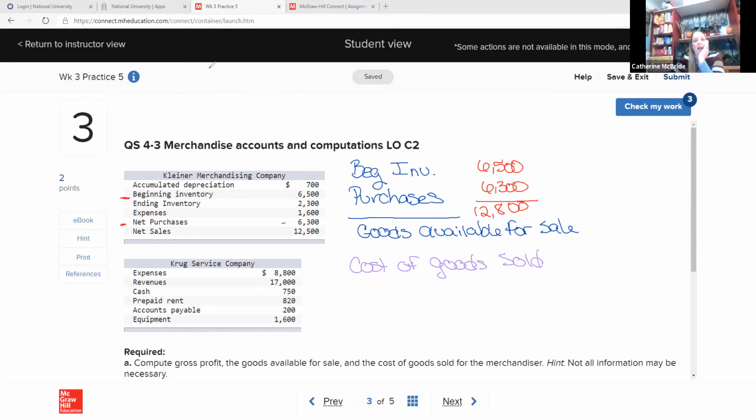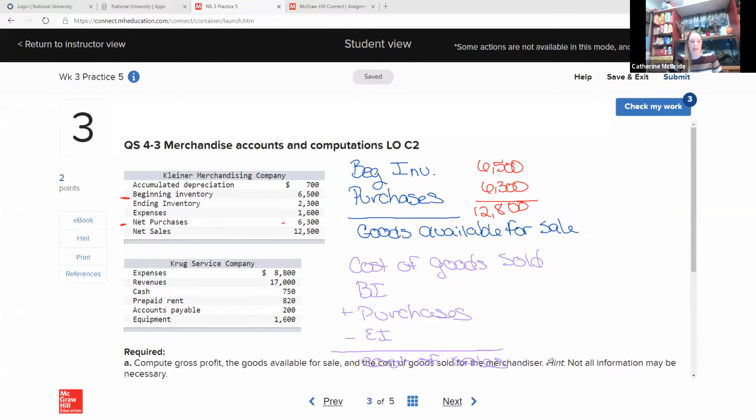So I can take my beginning inventory plus purchases minus what's still left, and that's going to give me what I sold. Here, this is what I started with. This is everything I purchased. So that's everything that I could have sold. Minus my ending inventory tells me what my cost of sales is.